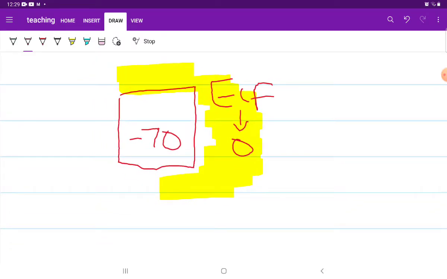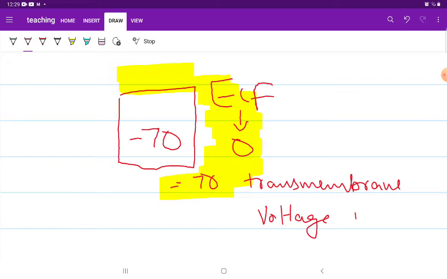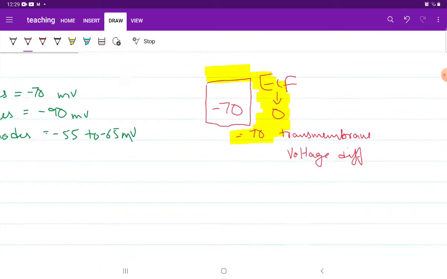So here the transmembrane voltage difference is nearly 70.